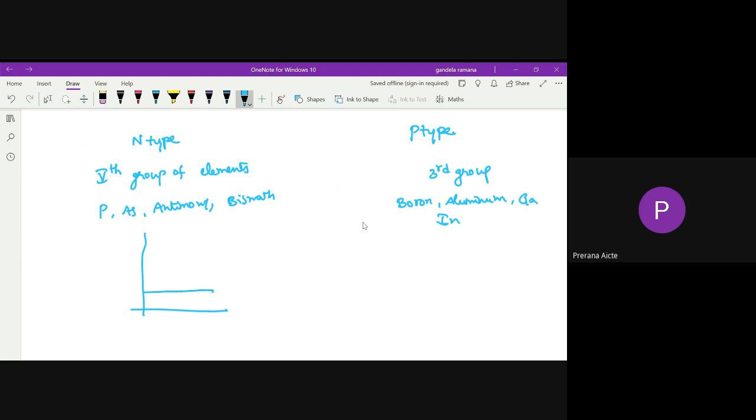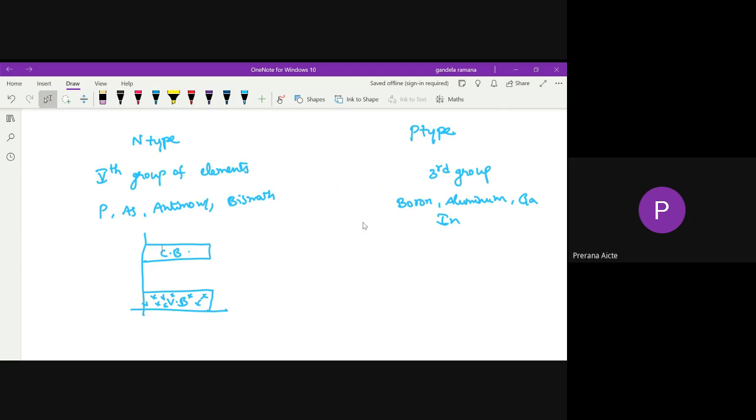This is the valency band, and this one is the conduction band. The valency band is completely filled with valency electrons.